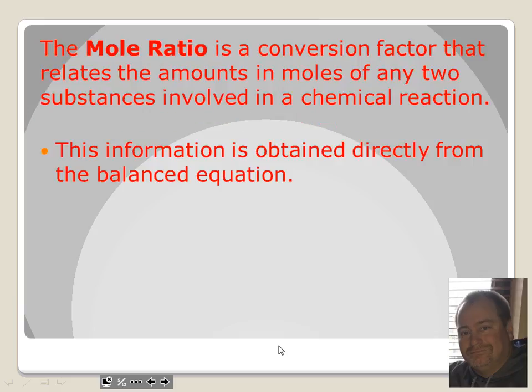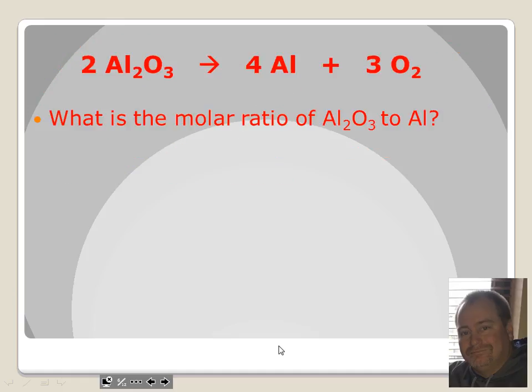Go back, I'll give you a little extra time here. Here is a balanced chemical equation. So go ahead and write this down. Okay, I'll give you a second to write it down.